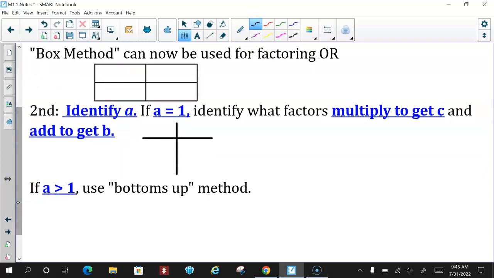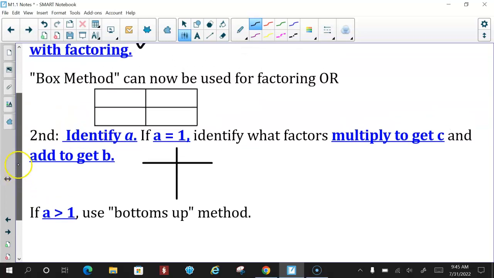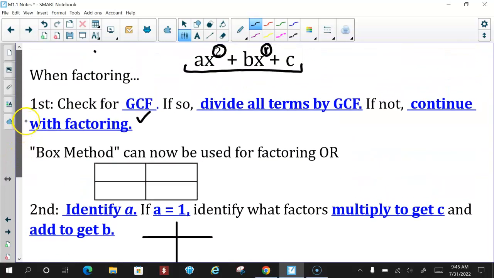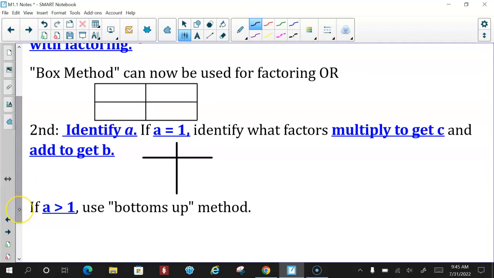If A is equal to 1, then you just identify the factors that multiply to get C, that last term, our constant, and add to get B. For example, let's say we have x squared plus 5x plus 4.